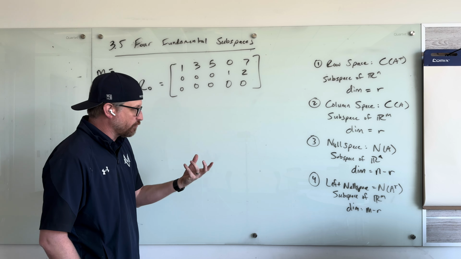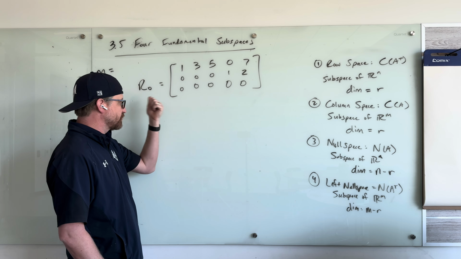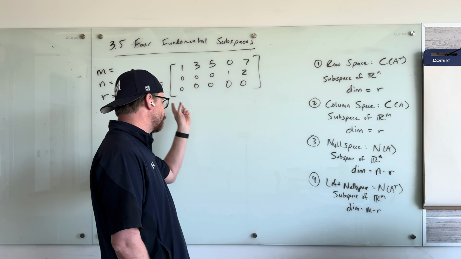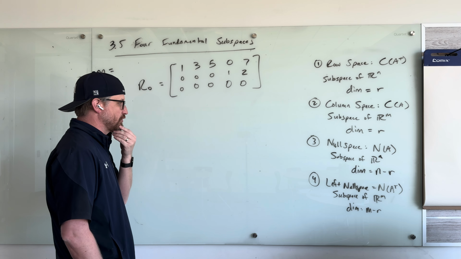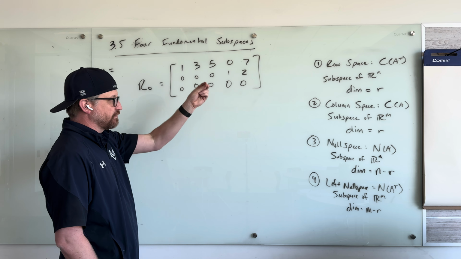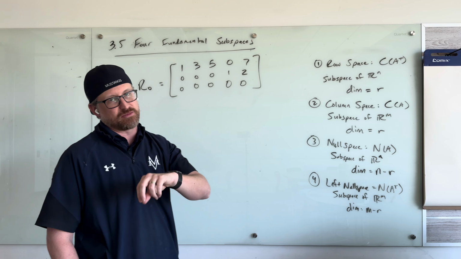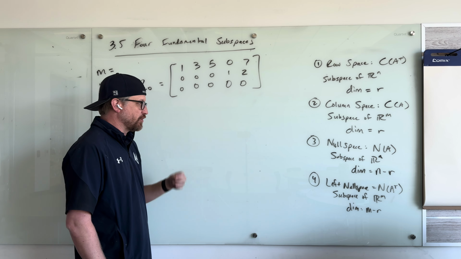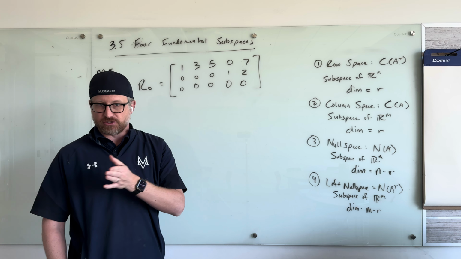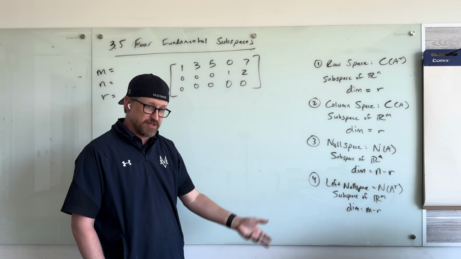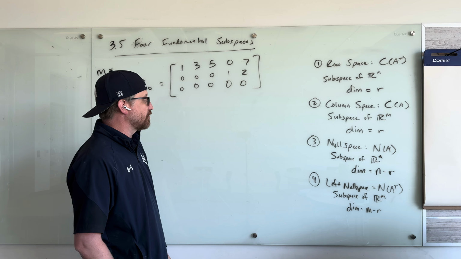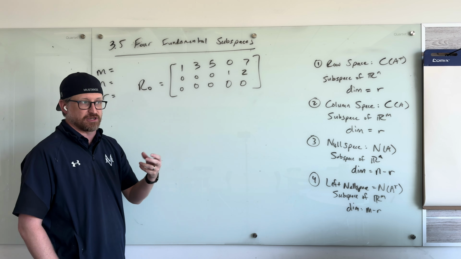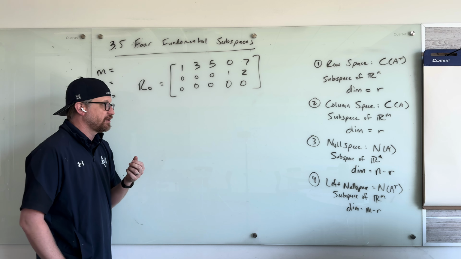And what we'll start with is looking at a matrix R0, so something that is in reduced row echelon form, with a row of zeros in my last row, and going through each of these spaces, identifying what the dimension of each space is. We know that dimension is counting the number of vectors in the basis for that space. And so we're going to do that, identifying how many vectors, what is the basis for the space for each one of these.